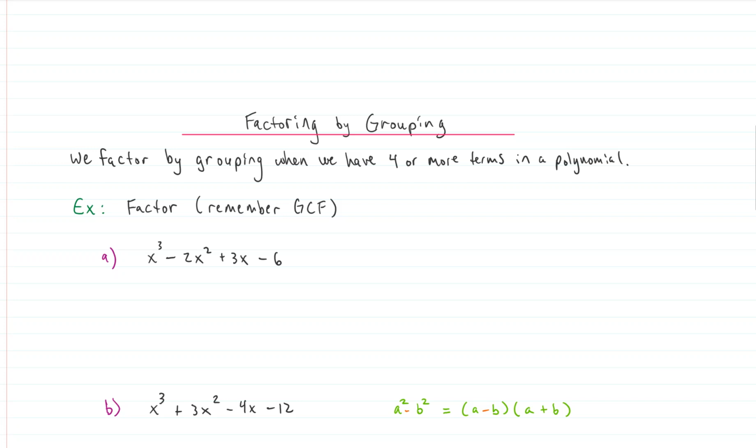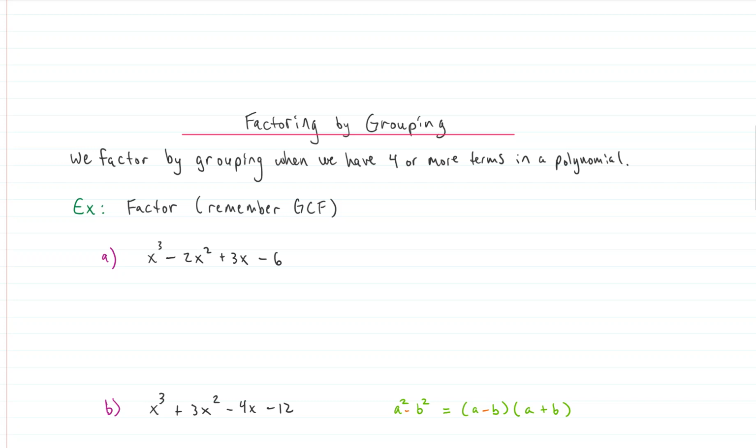Our first example is example A here, which is x cubed minus 2x squared plus 3x minus 6. So this is how it works. We're going to want to group these 4 terms into 2 groups of 2, because we have 4, so 2 groups of 2 work, right?